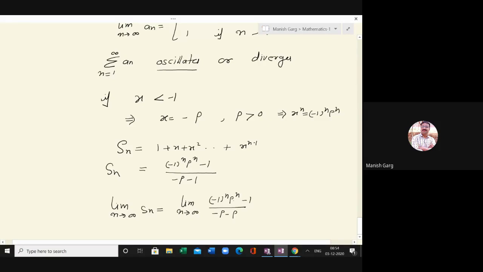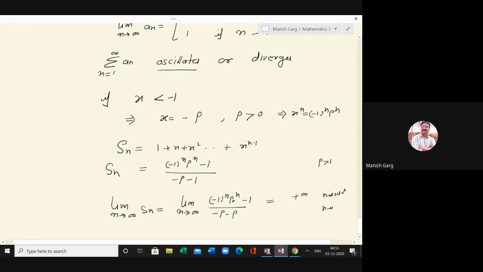Rho is positive. Sorry, rho is greater than 1. So if you take the limit as n tends to infinity, when rho is greater than 1, rho n approaches infinity. If this is infinity, there will be two cases. If n is odd, this is minus infinity; minus a negative denominator, so it will be plus infinity.